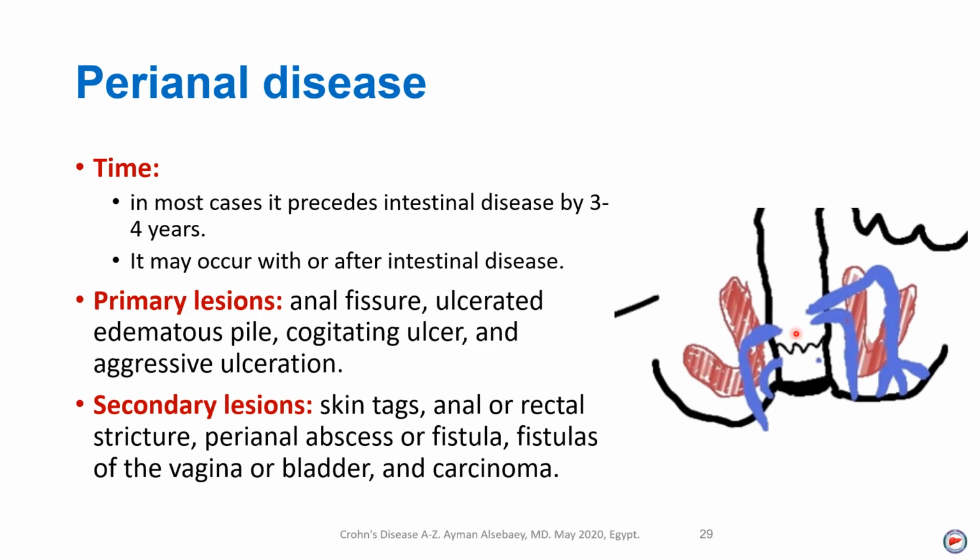And the high fistula, which is called complex fistula, in which the internal opening will be above the dentate line. It may be intrasphincteric or transsphincteric, and it may have an opening away from the anus or multiple openings away from the anus. So the question when you have perianal disease and fistula: is it simple fistula or complex fistula?